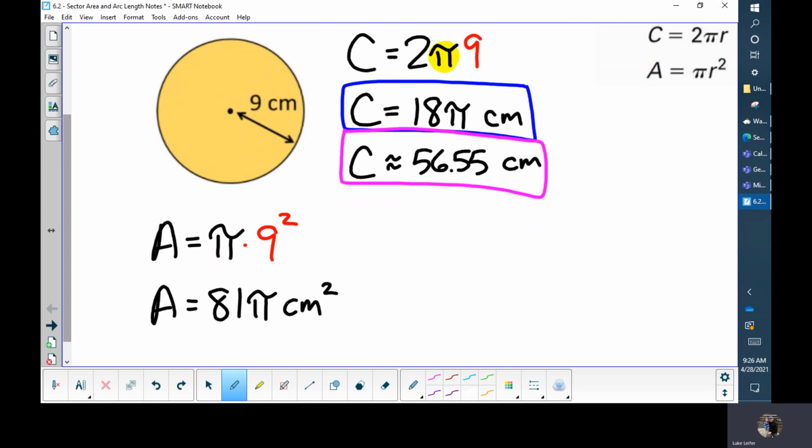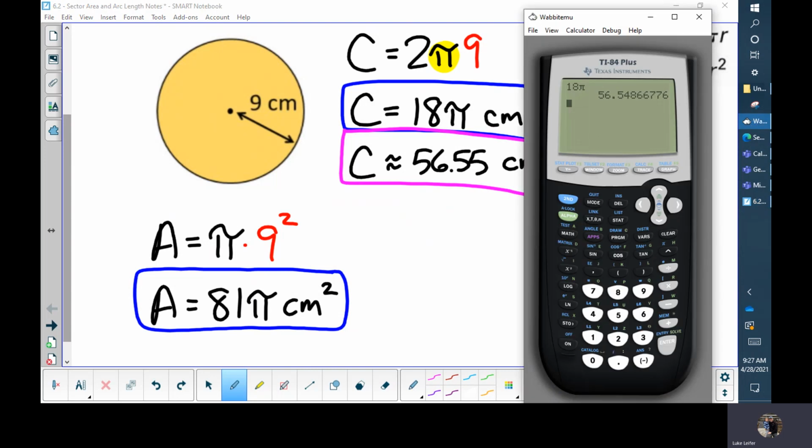So here is my exact answer. And now we'll use the calculator to find the approximate answer. We'll go pi times 9 squared. I don't care how you do it. You can literally just type it in the way it looks, or you could have done 81 pi.